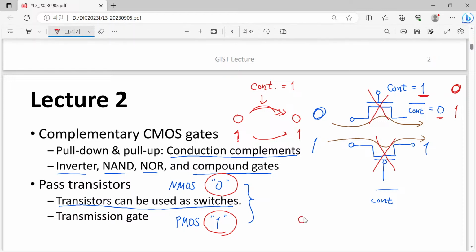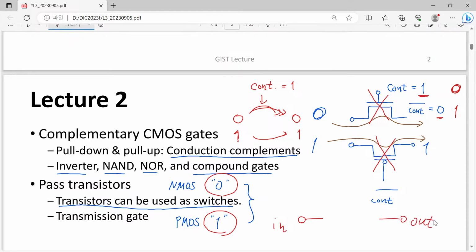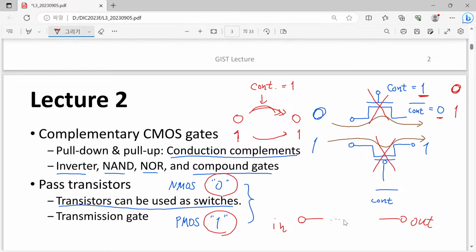So our input node and output node are effectively isolated, because in practice they are connected through this NMOS and PMOS. However, both are turned off, so there is no way to conduct current between them.